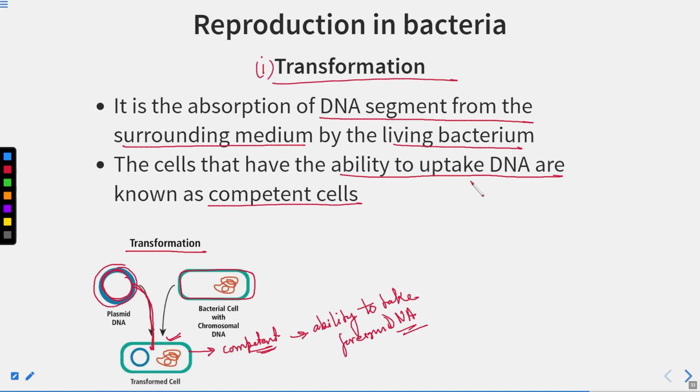The cells that have the ability to uptake DNA are known as competent cells. It is not always that all bacteria can take any foreign DNA coming to them. No, some DNA they can take up. So that bacterial cell is called the competent cell, right?